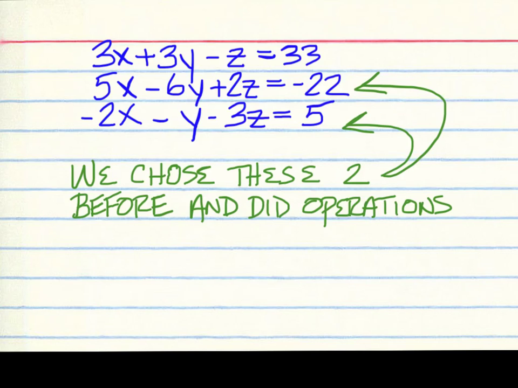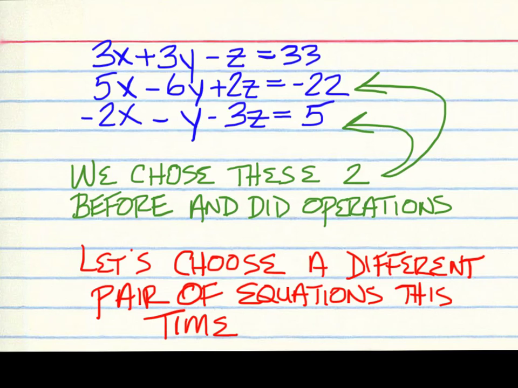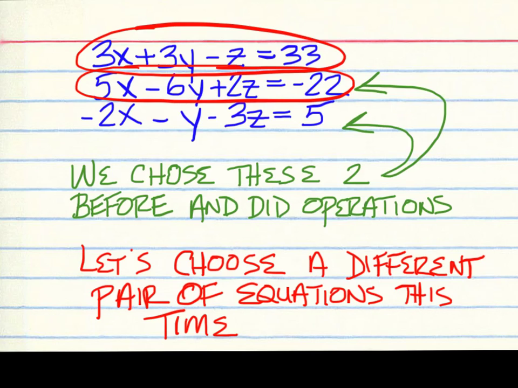So since we used those two to start with, let's go ahead and choose a different pair. And how about the top two? If we choose the top two, what are we going to have to make those x numbers into? 15. So what would we multiply by? 5 and 3. We would multiply by 5 here, and then 3 here.